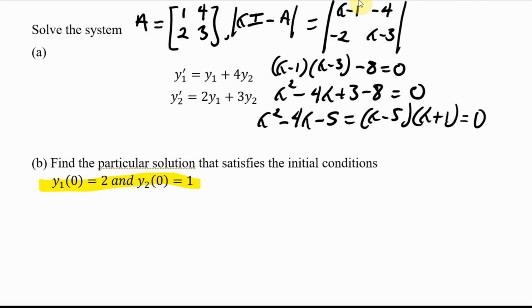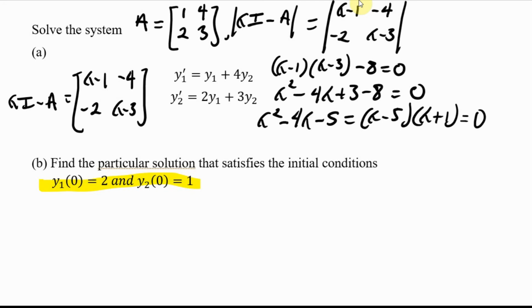So then we take, remember that lambda times the identity minus A, not the determinant. See the difference in the notation? This is lambda minus 1, negative 4, negative 2, lambda minus 3. So we get two lambdas. Lambda is equal to 5, and then lambda is equal to negative 1.